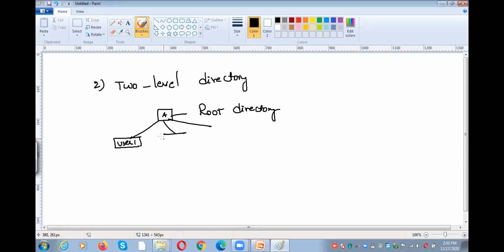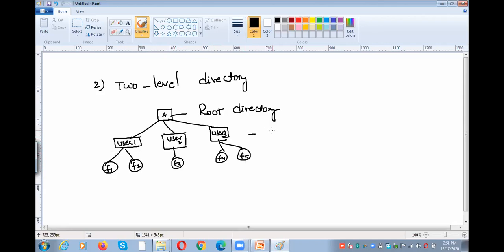This is user 1 directory, this is user 2 directory, and this is user 3 directory, right? So user 1 can keep his files in his own directory, and user 2 can maintain his files in his directory, and user 3 can maintain files in his directory.